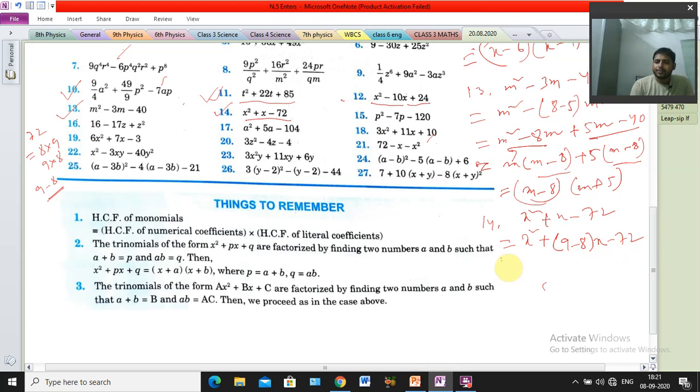Understood? Next, x square plus 9x minus 8x minus 72.